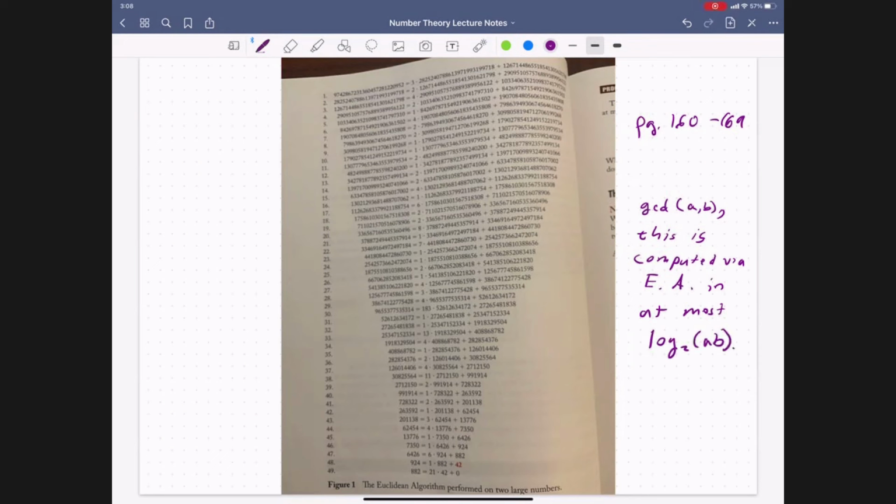And so there's an upper bound that can be proven for the most number of steps that you must take before computing the GCD of the two numbers. And so if you're interested, I highly recommend reading those 9 pages in the text.